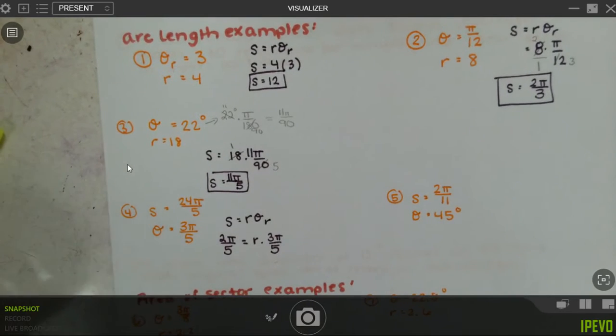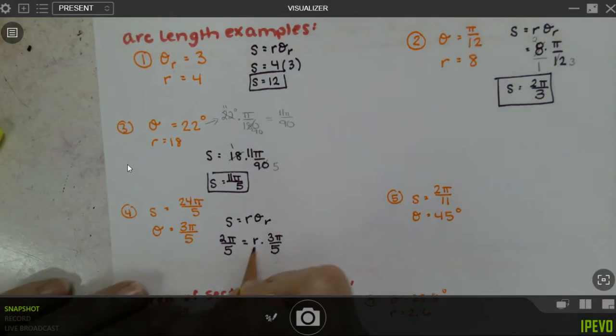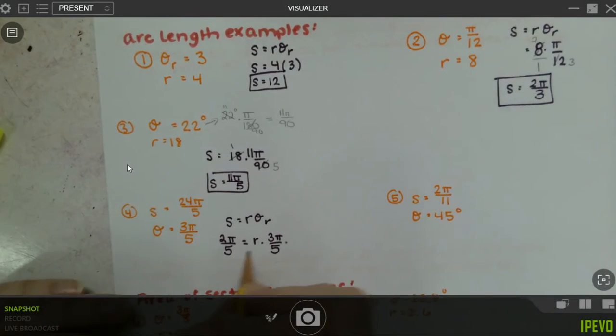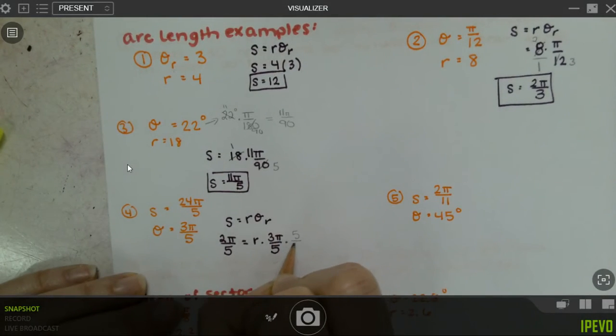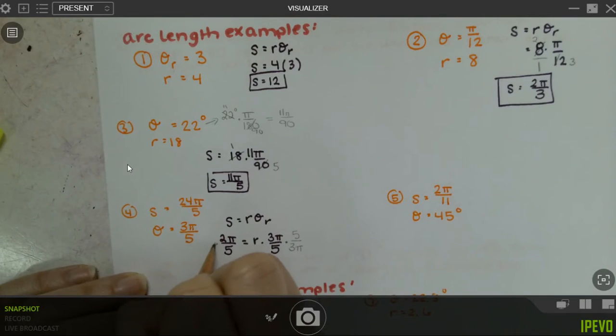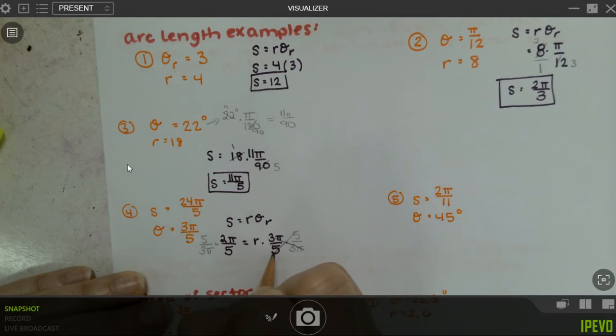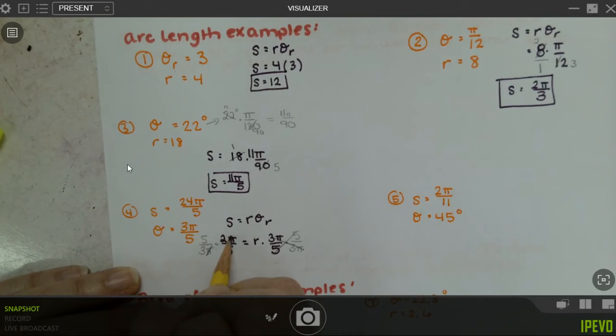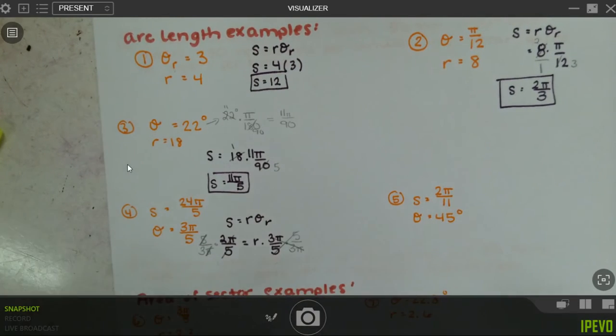And now we need to solve this for R. So remember, to get rid of a fraction, we're really dividing by it, but when you divide fractions, you multiply by the reciprocal. So that's all gone. Pi's are gone. 5's are gone. So the radius of this circle is 2/3. So you can use the same formulas to find all three different things depending on how you manipulate each equation.